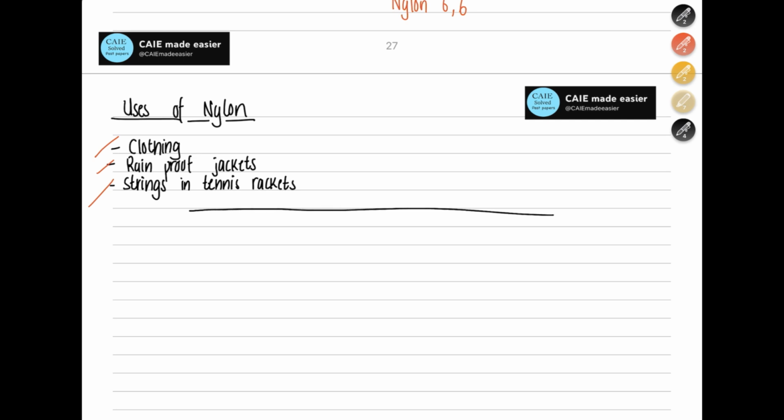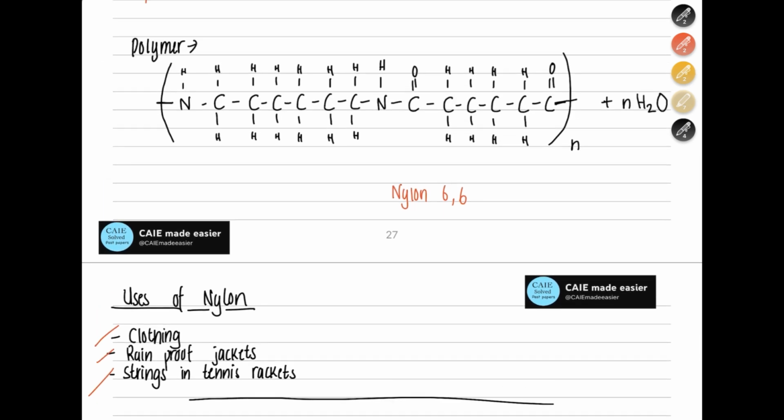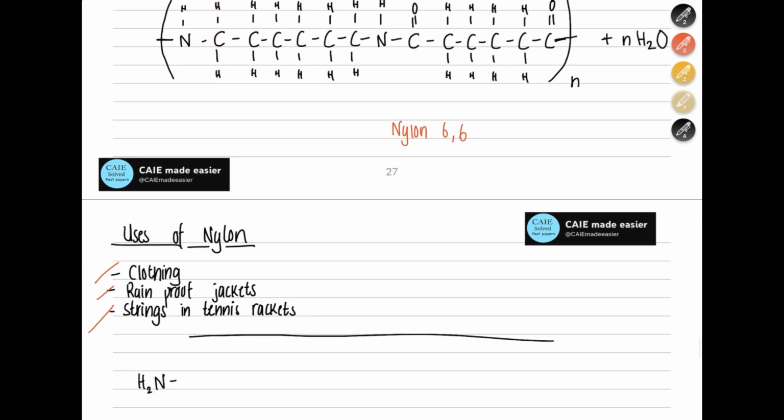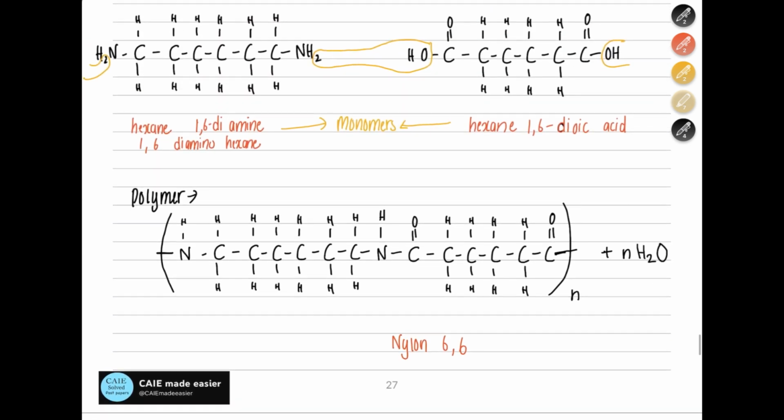We can write it as H2N, and then you can see we have a CH2 group which is repeated 6 times, right? So we write CH2 and then write 6 there, and then it has another amine group. Plus, for the dioic acid, we have C double bond OH.